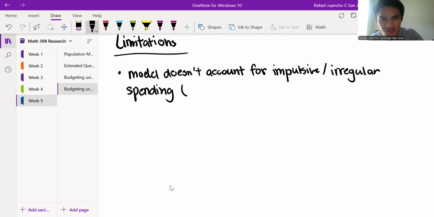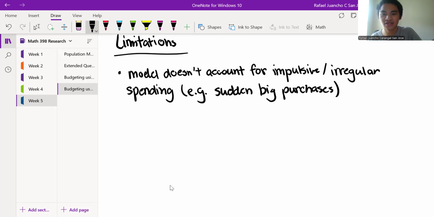So for instance, it would be something like sudden big purchases. It doesn't take into account that part.